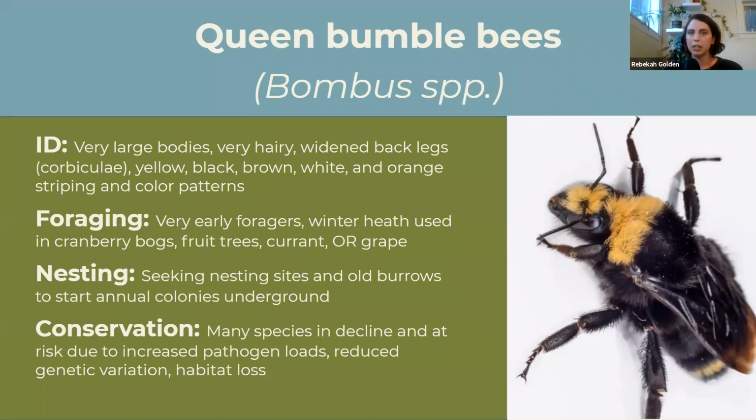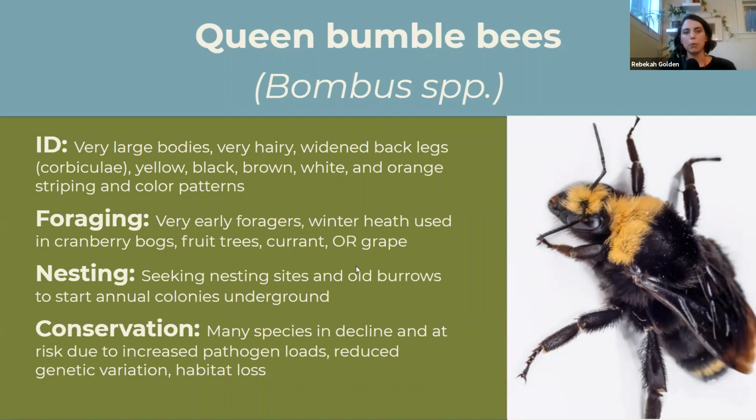And then also honeybees will vector viral loads to bumblebee species as well. And then also bumblebees have gone through a bit of a genetic bottleneck. And so they don't have the genetic variation or the tools in order to react to a changing climate like they need to right now. And of course, habitat loss is some of a concern too.